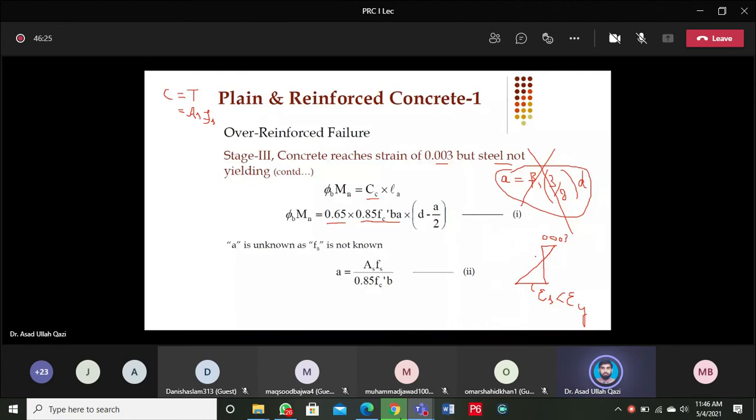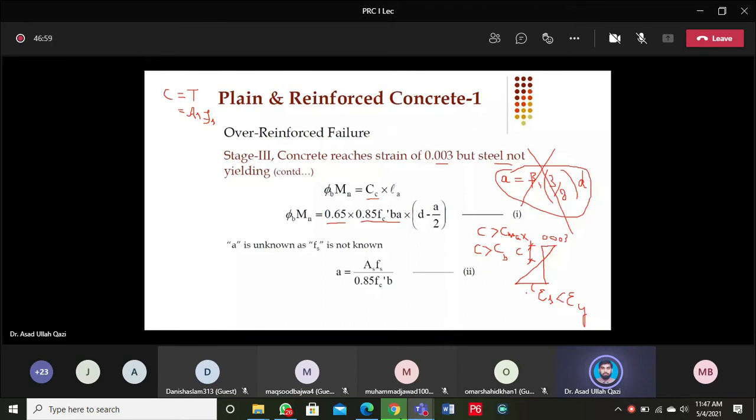If it is not known, I can't fix the c value. I can comment like this that c will be greater than c max, or I can comment like this: c will be greater than c balanced, but I have no idea how much mechanical value will be.